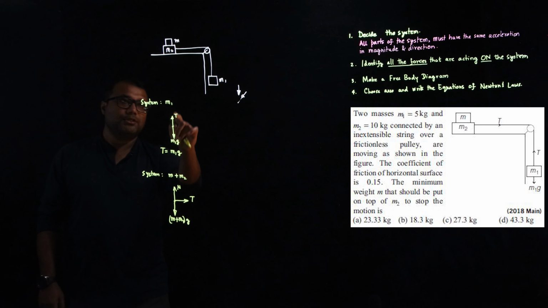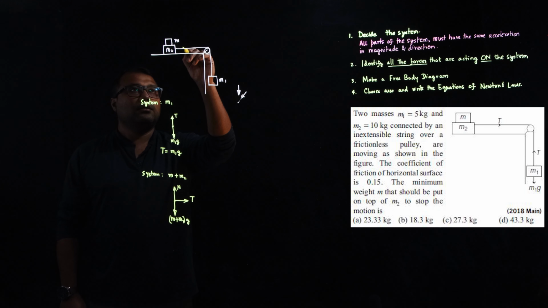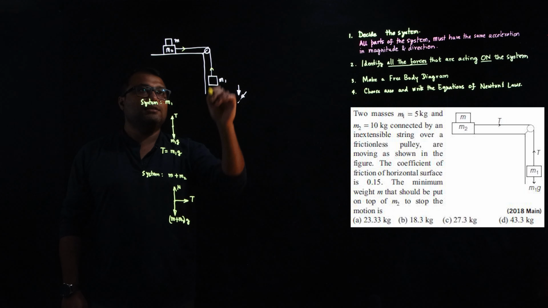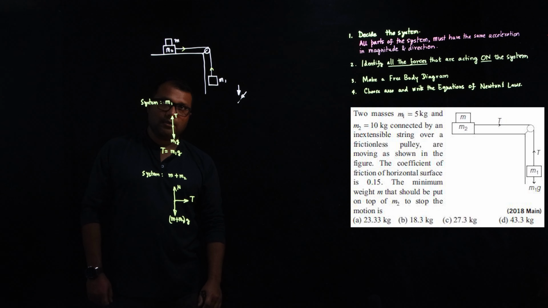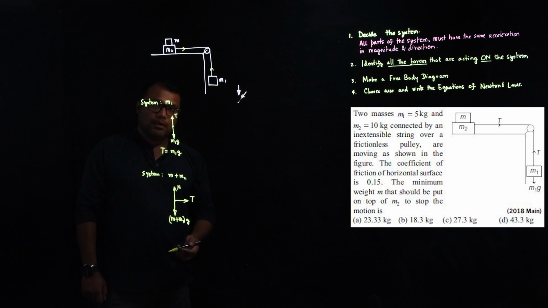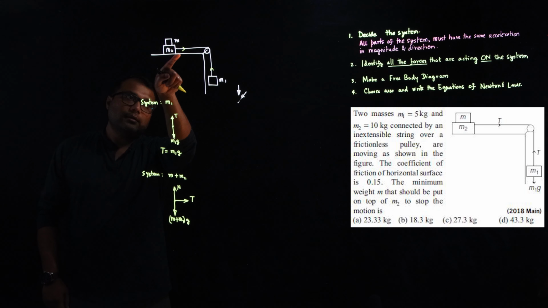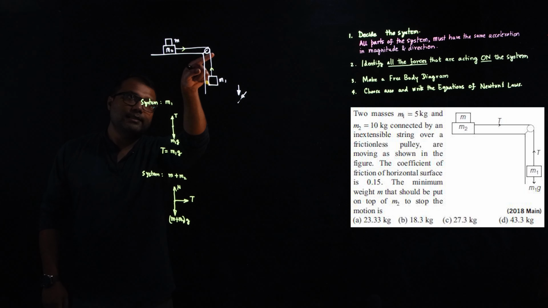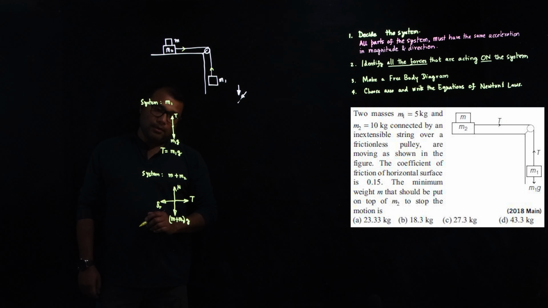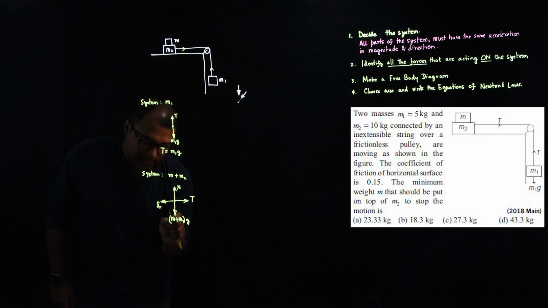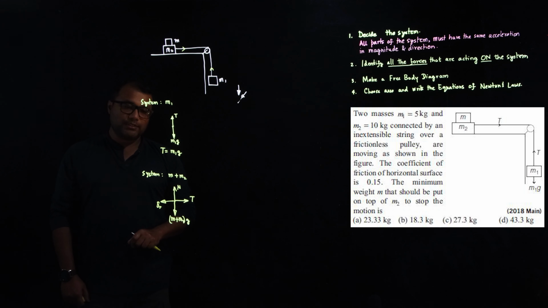It's the same tension T, because it's a continuous massless string, and even the pulley is massless. Since the motion before it stopped was to this side, the frictional force is on the other side. Just before it stops moving, the frictional force is still there, so in the limiting case we'll still consider the friction.